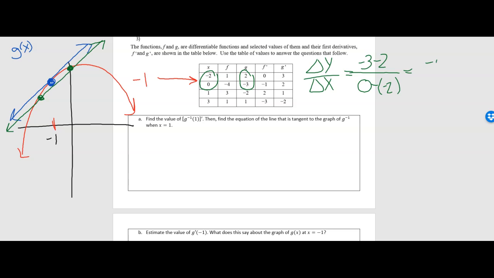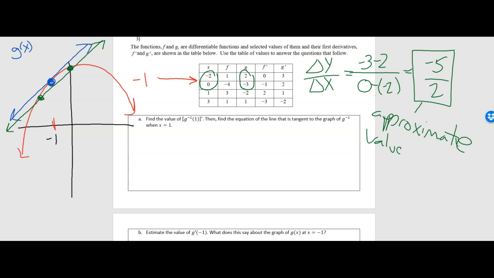That gives me negative 5 over positive 2, or negative 2.5. So again, this is an approximate value of G prime of negative 1.